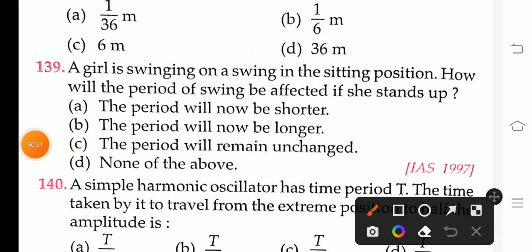A girl is swinging on a swing in the sitting position. How will the period of the swing be affected if she stands up? The period will now be shorter.